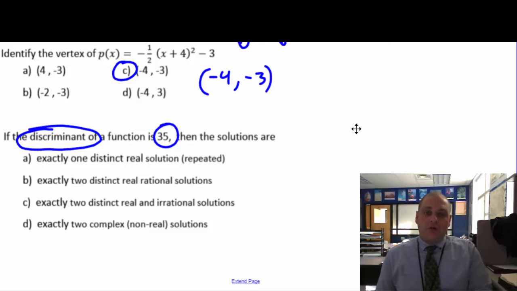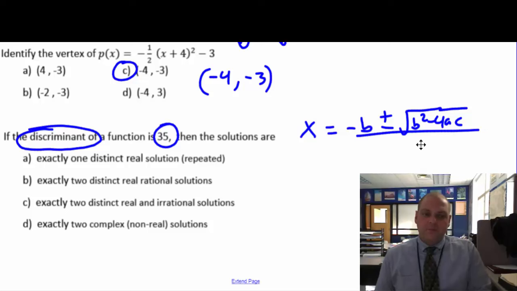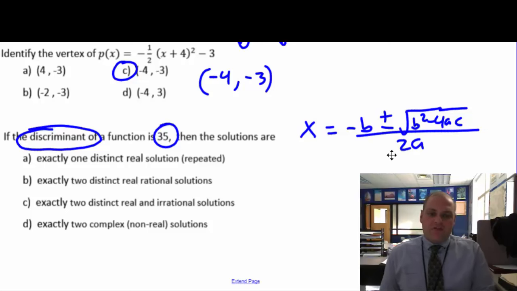That 35 is the number under the radical. So I'm just going to write out the quadratic formula. x equals negative b plus minus radical b squared minus 4ac over 2a. When you do the quadratic formula, and again, I don't even have enough information to do the quadratic formula, but that 35 is the number under the radical.